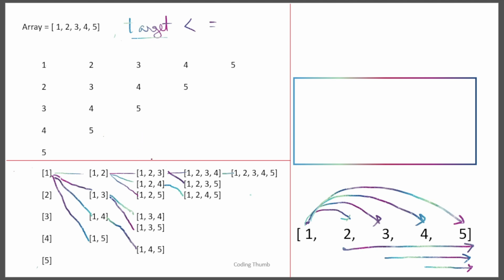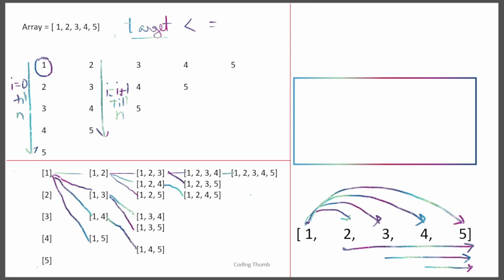But for now, we can see that to construct every path, we have to iterate from i equals 0 till n. And for each i equals 0, we need to again iterate from the previous i plus 1 till n. Now, this is important to understand.